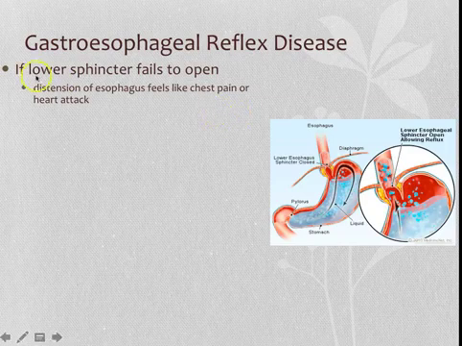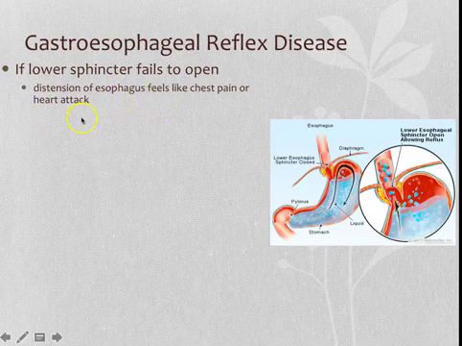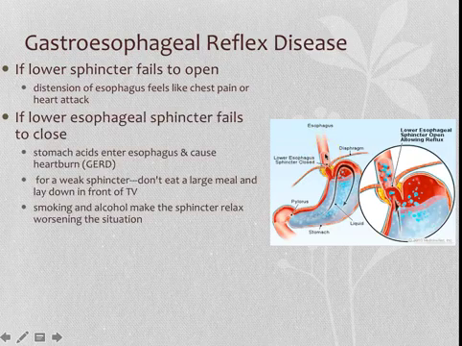I had mentioned this to you before: if the lower sphincter fails to open, it feels like chest pain, sometimes like a heart attack, because your heart is right here, above the diaphragm. If there's lots of food just sitting here that can't get into the stomach, it'll feel like a heart attack. And if it fails to close, you can get esophageal reflux disease.